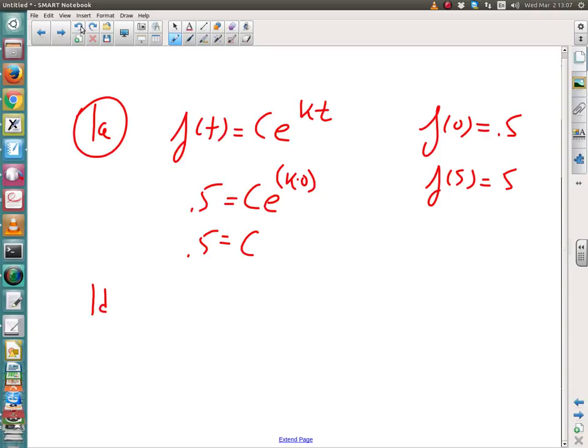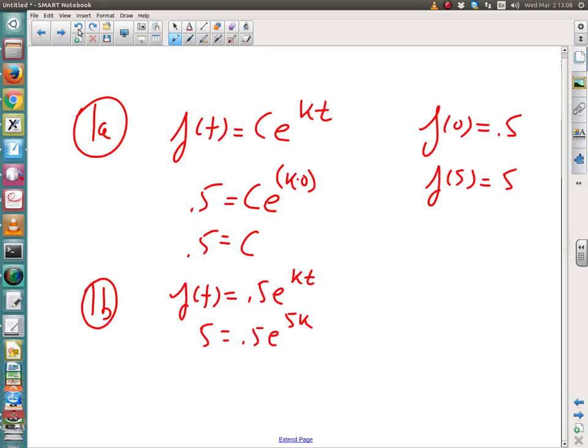Now 1b, can you find k? Well, now f of t is 0.5 e to the kt, because I already know c, right? Now plug in the other point, 5, 5. When f is 5, t is 5. Can you get k from that? Let's see, divide both sides by half. How do you divide by half? 0.5. You multiply by 2. Right, the reciprocal.